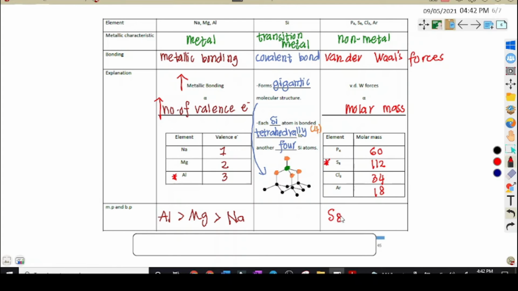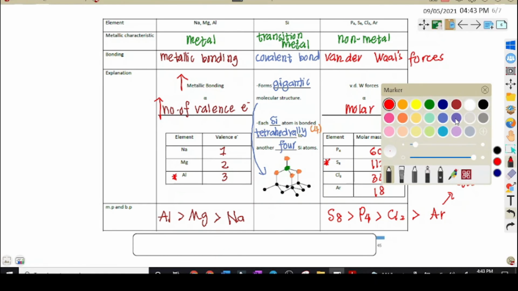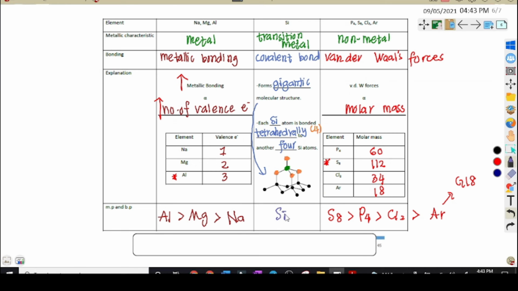So S8 has the strongest van der Waals forces, followed by P4, Cl2, and the weakest van der Waals forces would be exerted by argon, because we all know this comes from group 18, which is non-reactive. For silicon, that would be just Si itself, because we don't compare it with other transition metals.